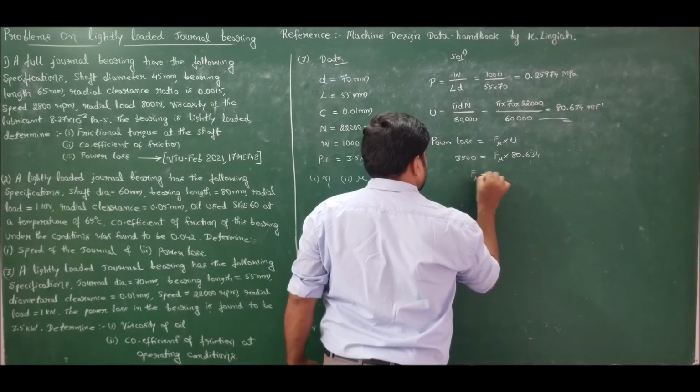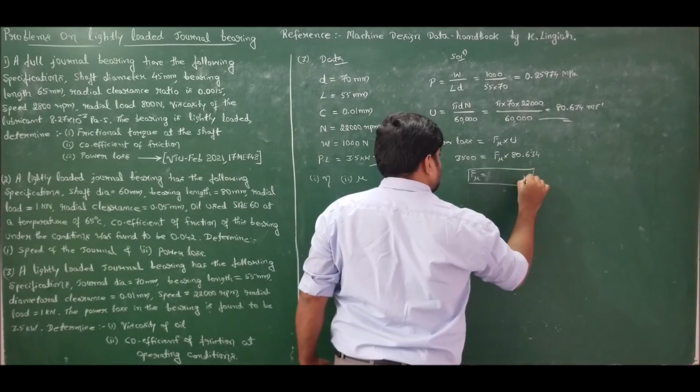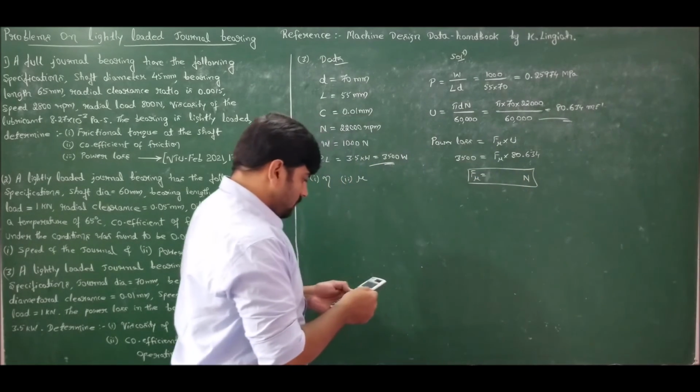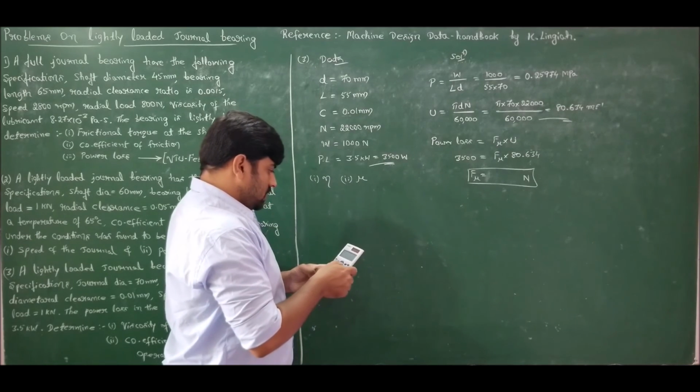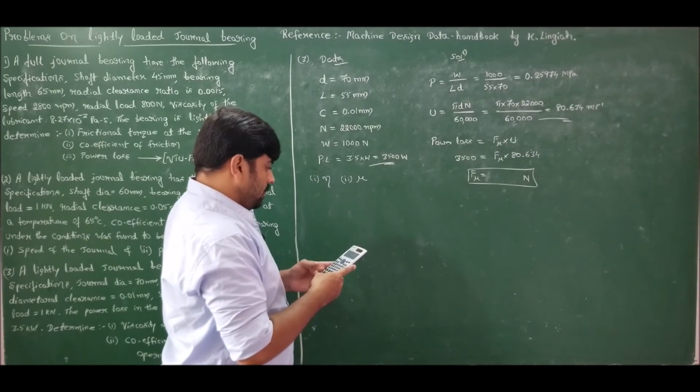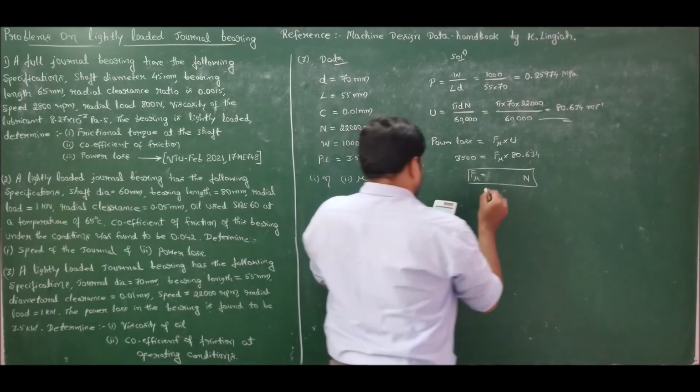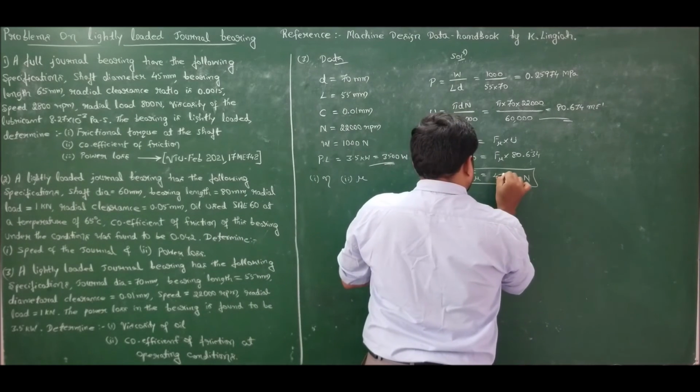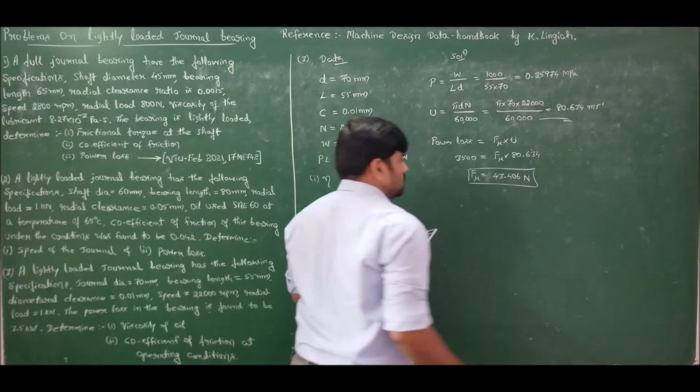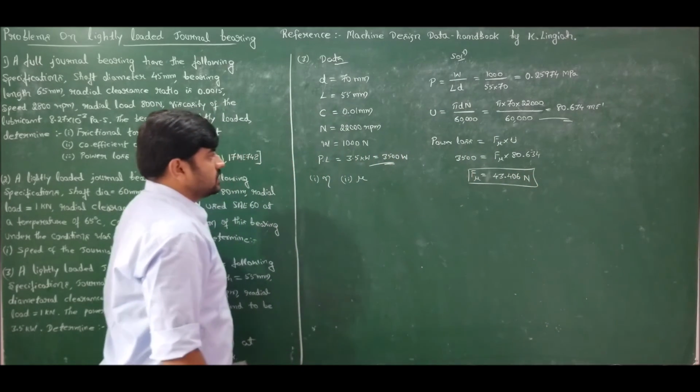So you will get frictional force in newtons. 3500 divided by 80.634 is 43.406 newtons. This is the frictional force.